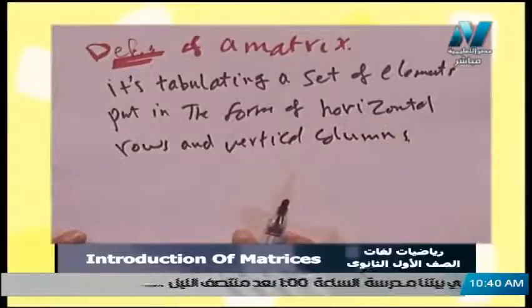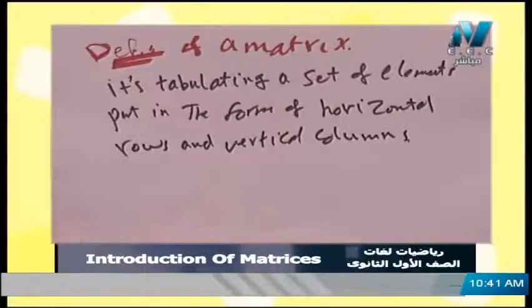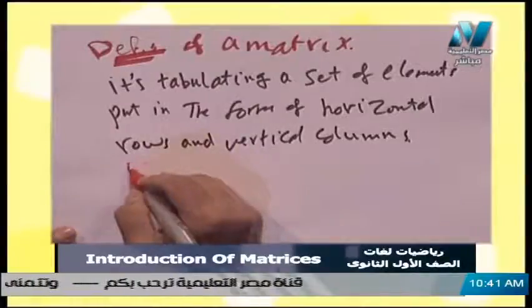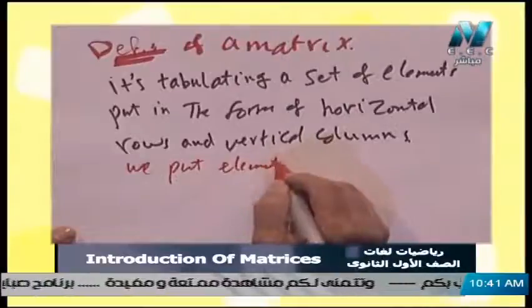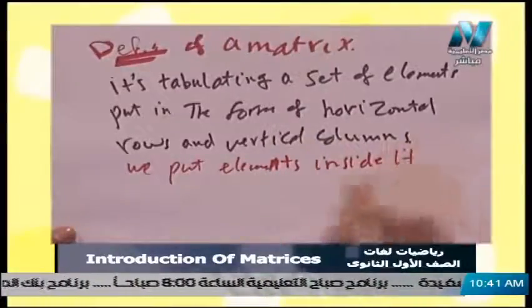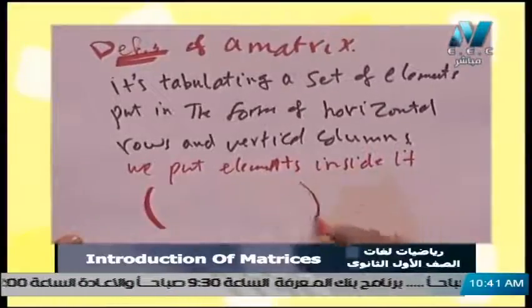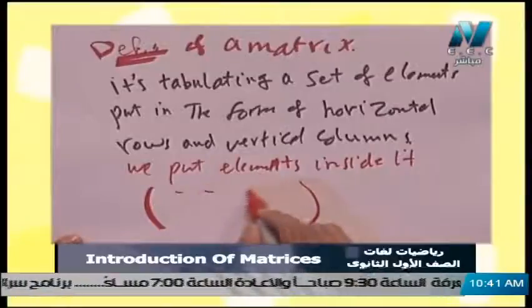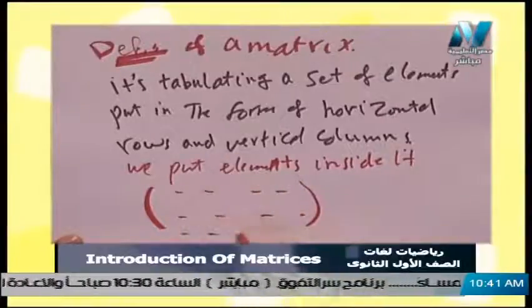Okay, and what do we put inside it? We put elements inside it. Okay, we write it in this shape. We have a row here and another row. We can write a third row.